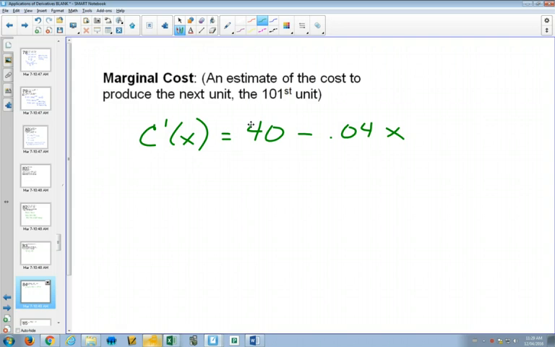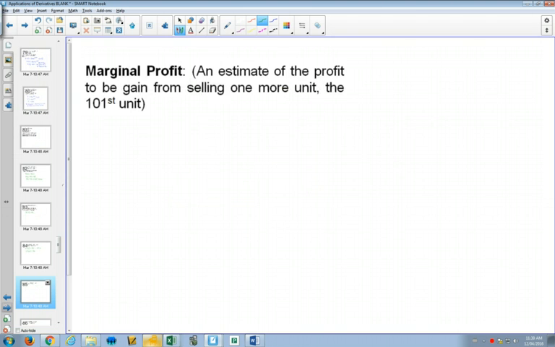If you find out what that's going to be at 100, it's going to cost you approximately $36 to make your 100th one. Your marginal profit, how much money are you then going to make from selling that 101st one?